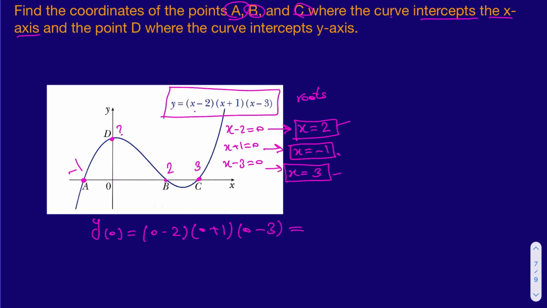And we need to multiply. -2 times 1 will be -2. And -2 times -3 will be +6. So therefore, d will be equal to 6. Okay, so that's it, and this is the answer for this question.